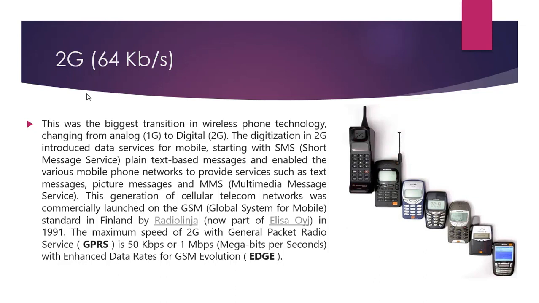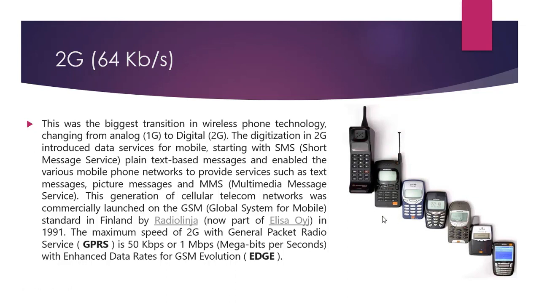The maximum speed offered by 2G was 50 kbps, or 1 Mbps with enhanced data rate for GSM, which was called EDGE technology, right? And you can see the phones that were used earlier. Frankly speaking, my father used to have this phone.